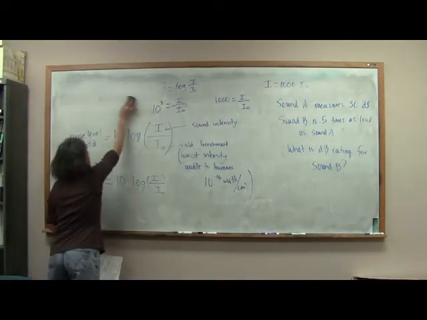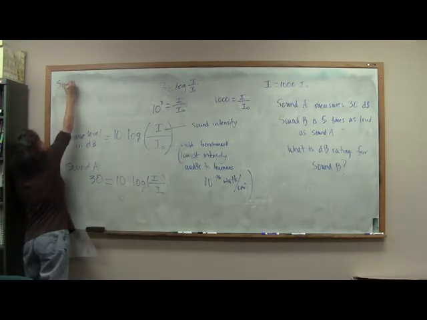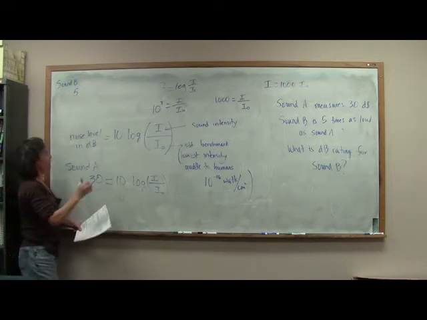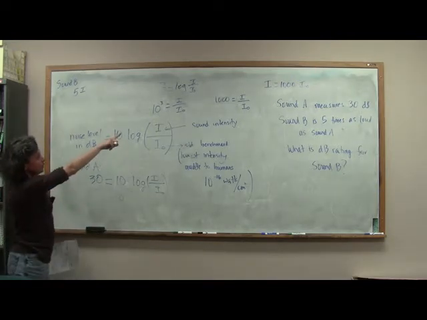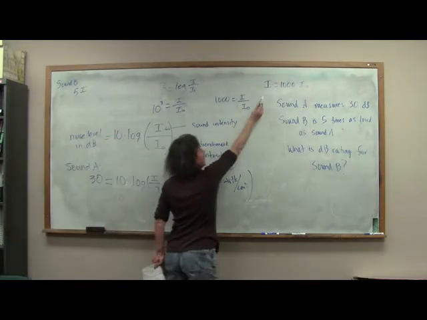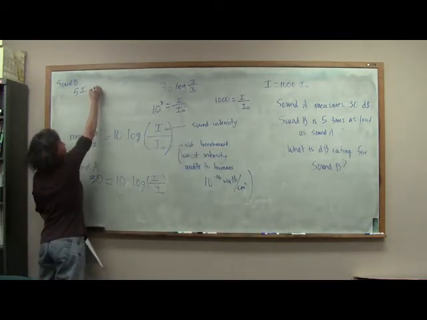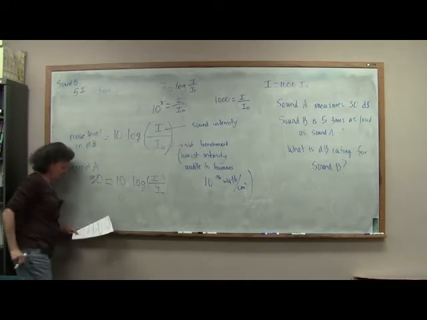Let's go through this. So I claim with sound B, that's 5 times as loud as sound A, so it's 5 times I. Well, if I multiply the left side of my equation by 5, I need to multiply the right side of my equation. So that's 5,000 I sub 0.